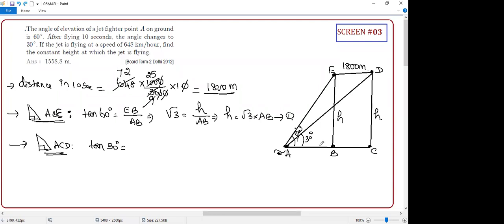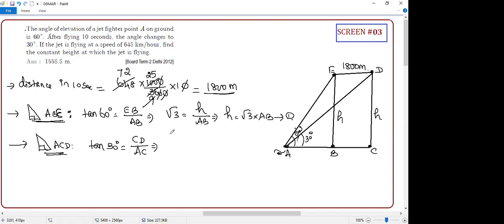DC. Correct or not? I'm taking this triangle. So CD, BC. And Harishankar, what is the adjacent side for this 30? AC. Excellent.